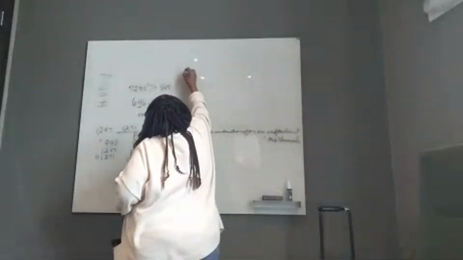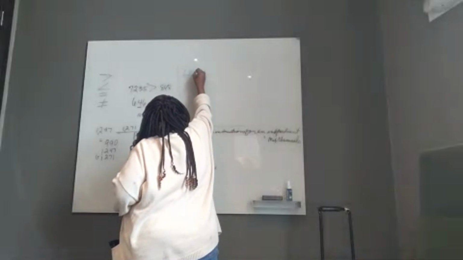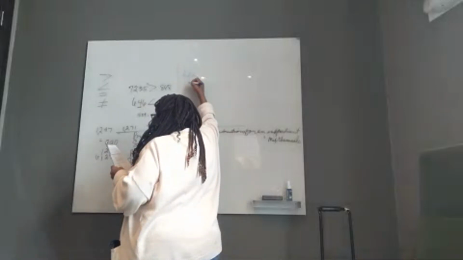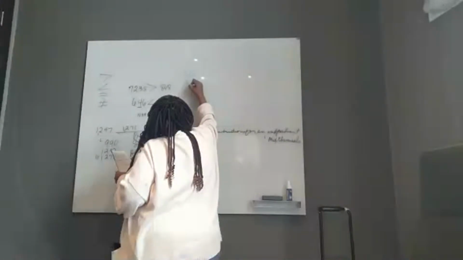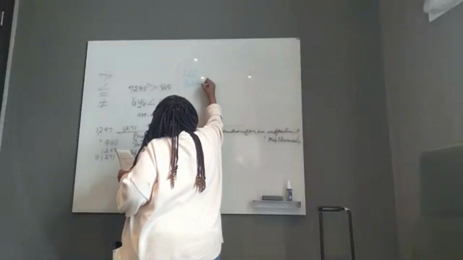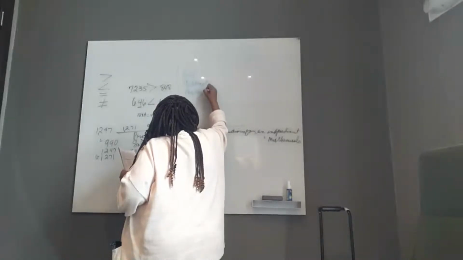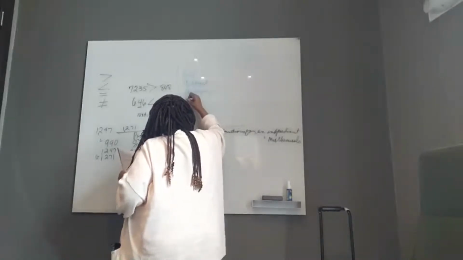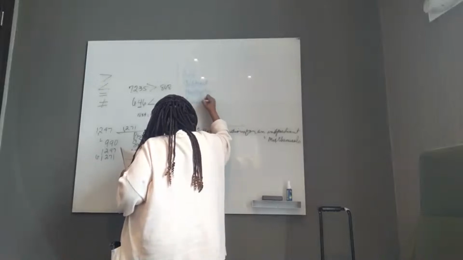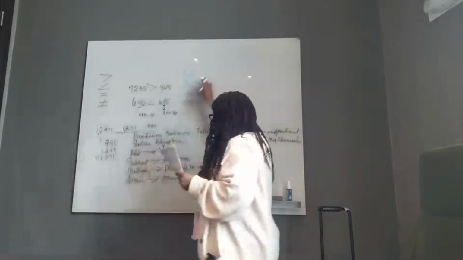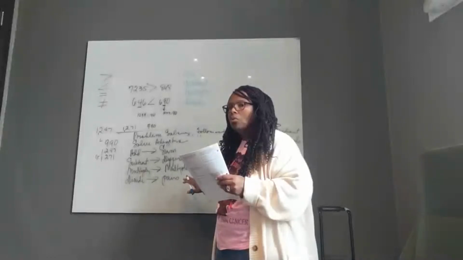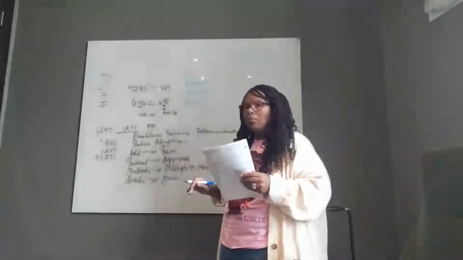Okay, so we know here, this is like to add. We know subtract. We know multiply. We know to divide. So the symbols, we got the terms, we just need to understand the symbols.